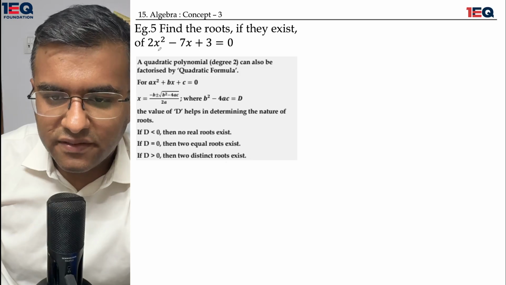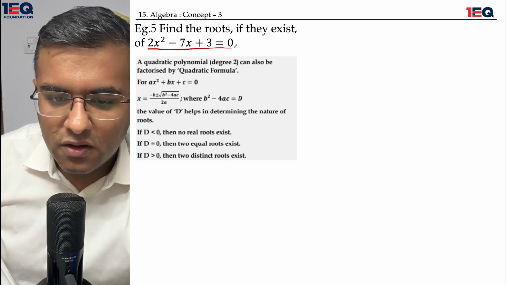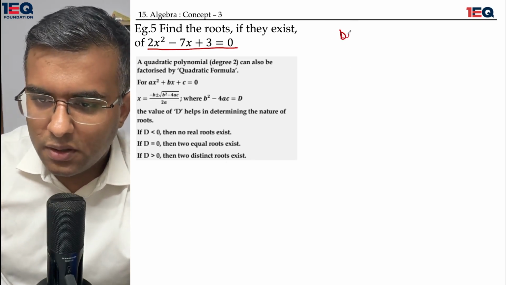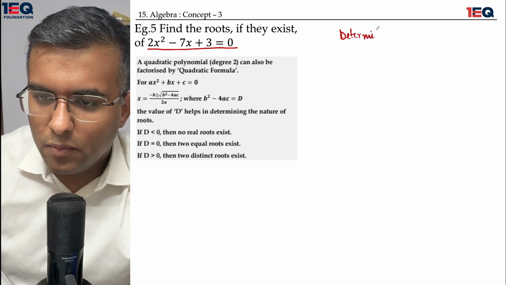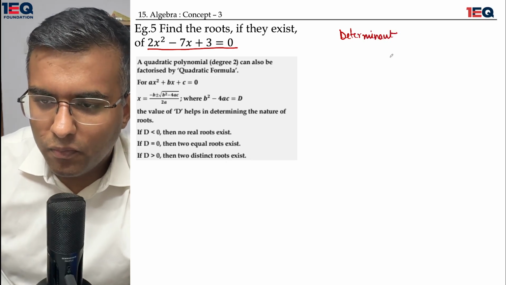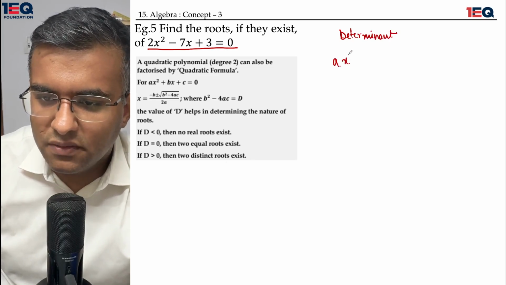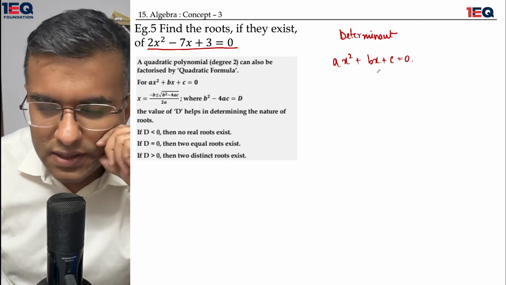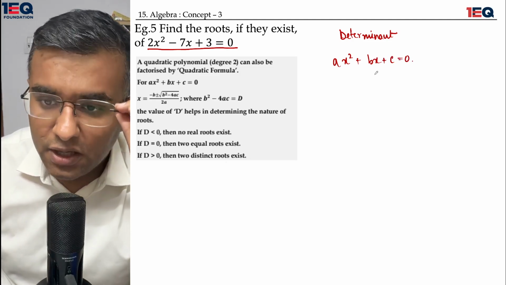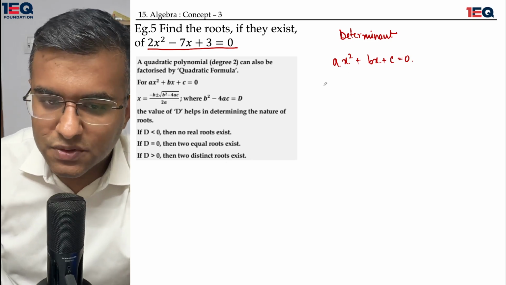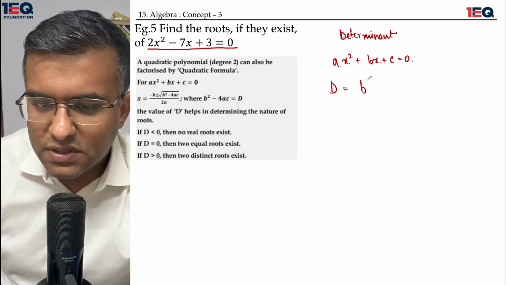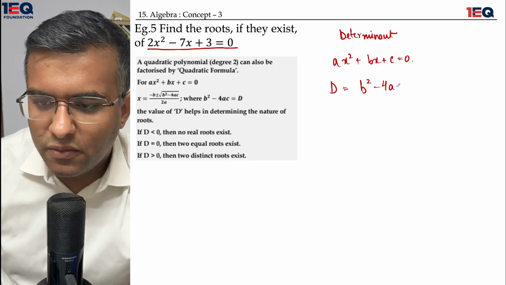Find the roots if they exist. There is a concept called the determinant. In any quadratic equation of the standard form ax square plus bx plus c being equal to 0, there is something called D. D is basically the determinant, which is b square minus 4ac.